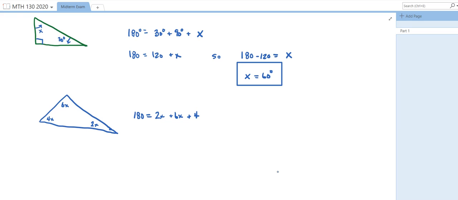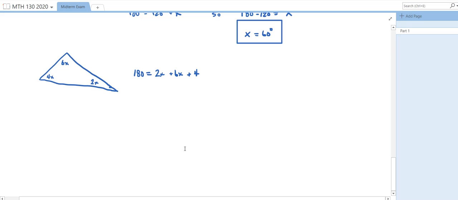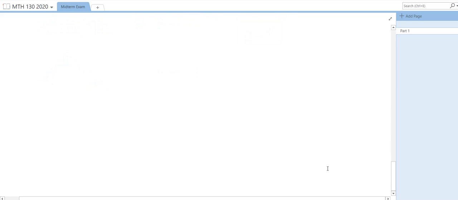The last idea I want to talk about here is, keep in mind with triangles, since this will be a take-home test, I probably would ask you about some shapes, hexagons and pentagons and such.